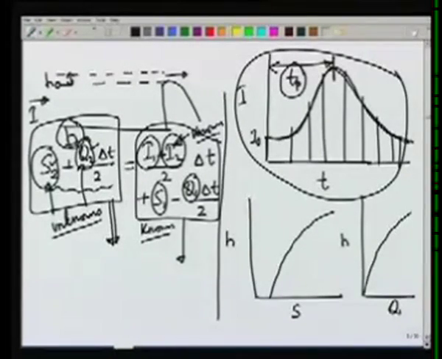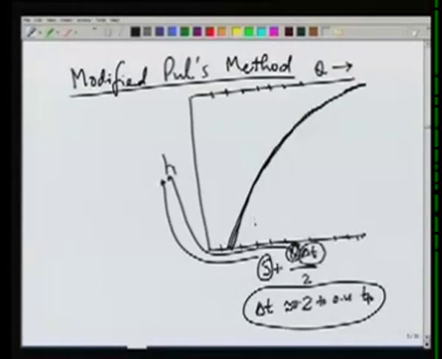We cannot find S2 and Q2 individually, but the sum is known to us because of this equation. So from that known value and from this curve, we can directly find H, which gives us the head or the water depth at the end of the interval delta t.